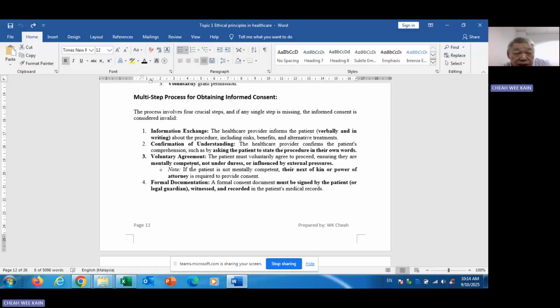They have tried their best, and yes, the operation went wrong, but there's no negligence or bad faith on their part, so the patient cannot win the court case. In case there is some negligence and the patient wins, the insurance policy kicks in to pay the patient.